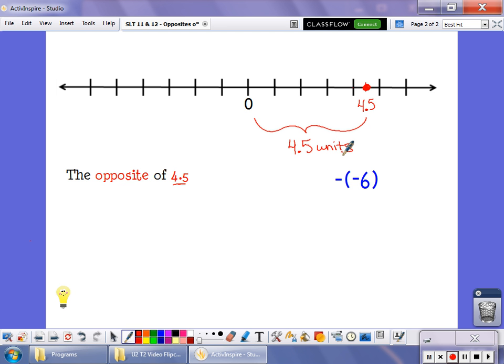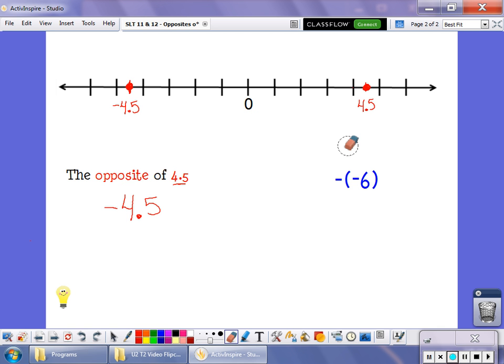So to find its opposite, I need to go 4 and a half units, 1, 2, 3, 4 and a half, in the opposite direction, which is going to give me negative 1, negative 2, negative 3, negative 4, negative 4 and a half. So the opposite of 4 and a half, or 4 and 5/10, is negative 4 and 5/10.